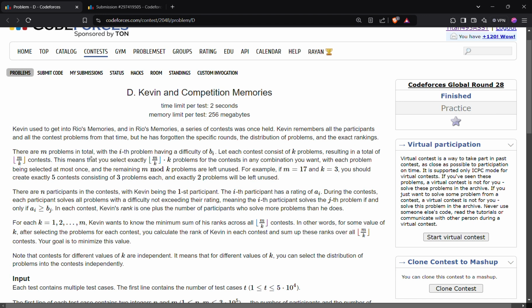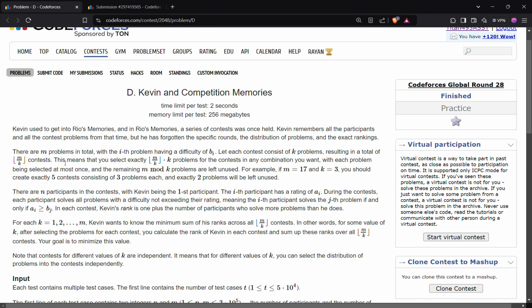So there are m problems in total, with the ith problem having a difficulty of bi, and let each contest consist of exactly k problems, not less and not more. This results in a total of floor of m by k contests.